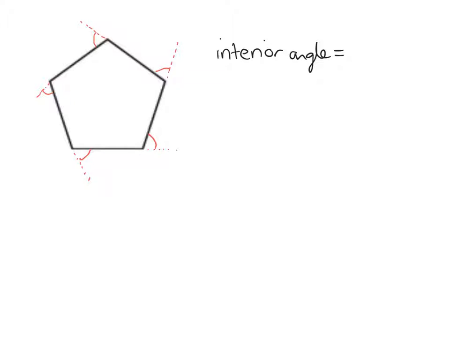They all add up to 360. So exterior angle equals 360 divided by n. In this case n is 5, so 360 divided by 5 equals 72 degrees.